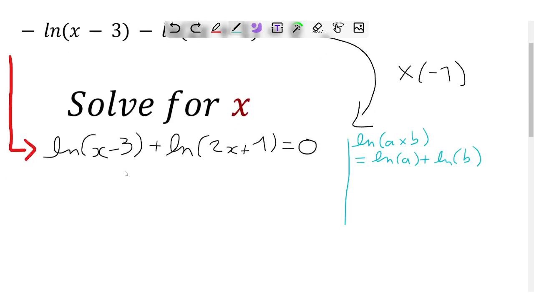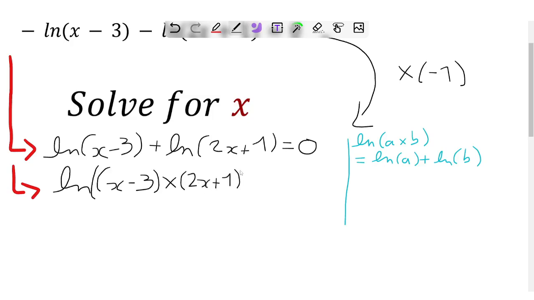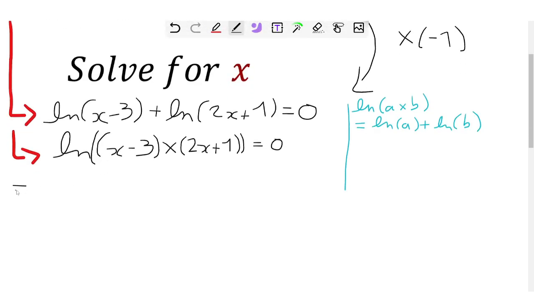So I'm going to go ahead and rewrite this expression as ln of (x - 3) times (2x + 1) is equal to 0.